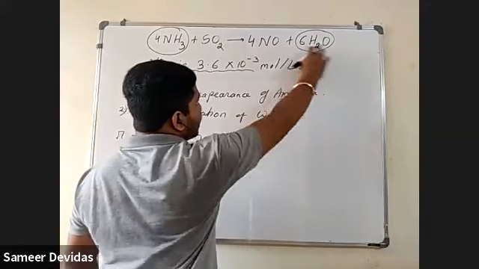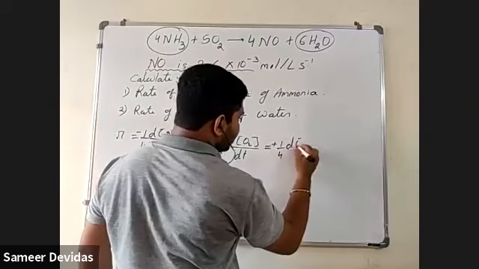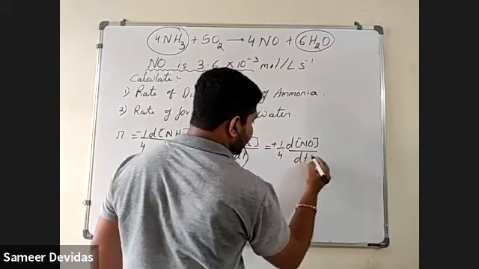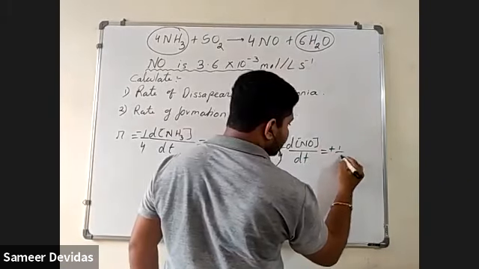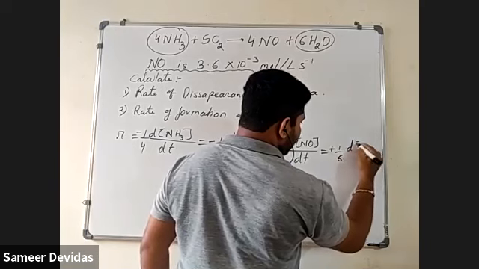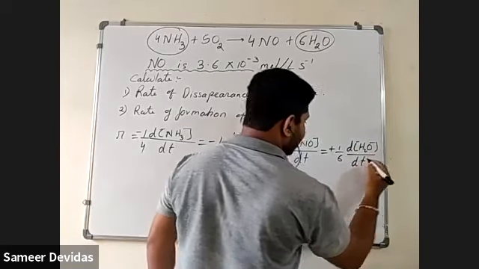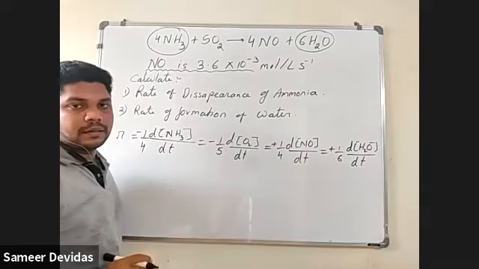Then this is the product side: plus 1 upon 4 d[NO] upon dt is equal to plus 1 upon 6 d[H2O] upon dt.